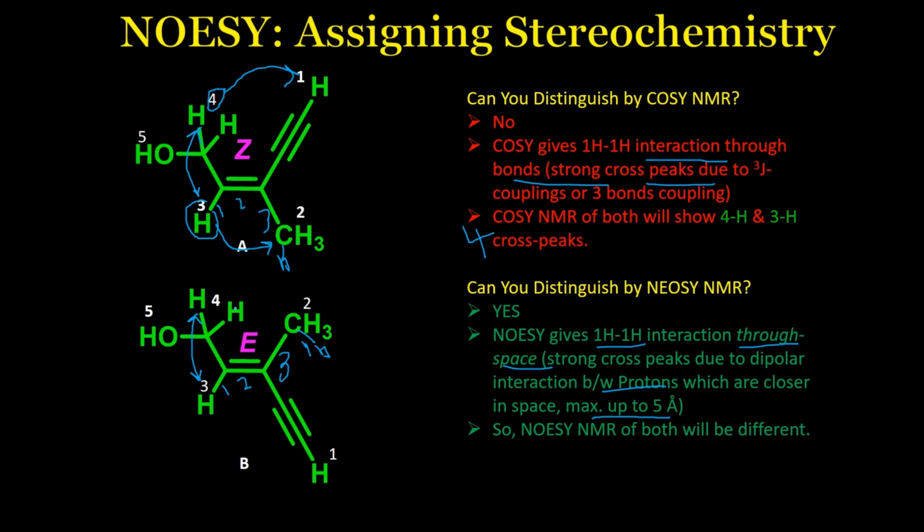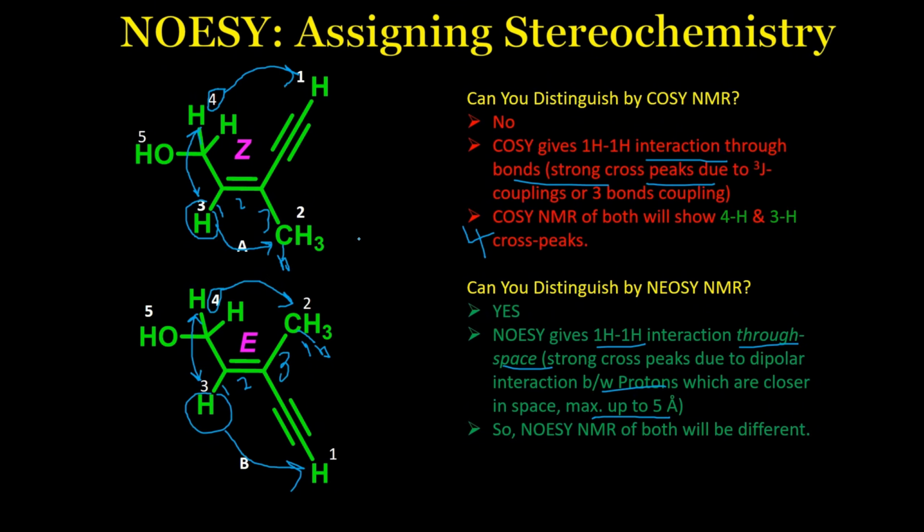But if it is the E-isomer, then the fourth proton will show the interaction with the 2 proton of the methyl, or the 3 proton will show the interaction with the acetylene proton. So it is very clear that NOESY NMR will be different for both isomers.